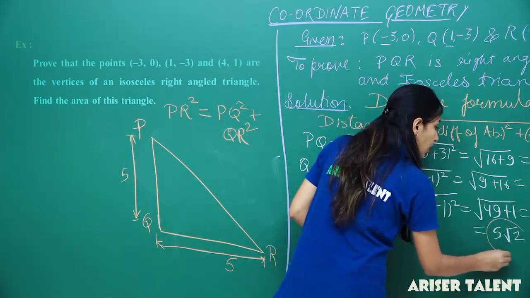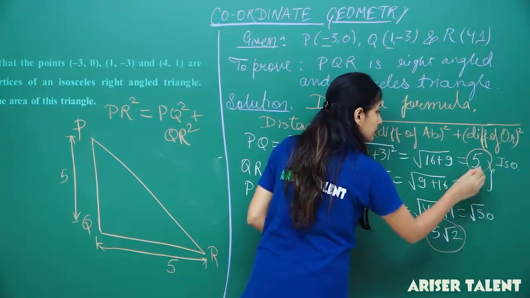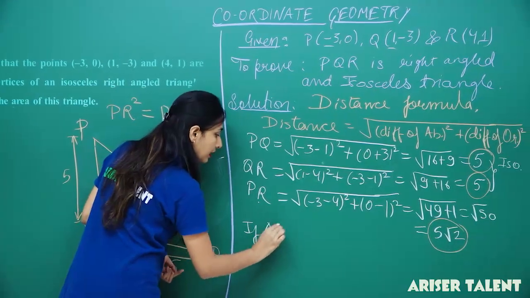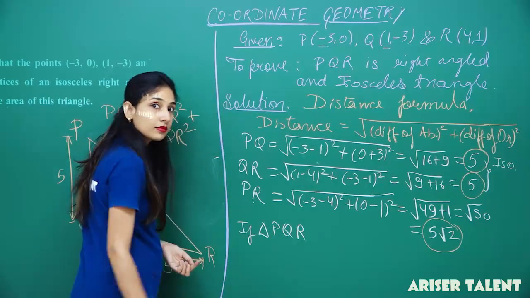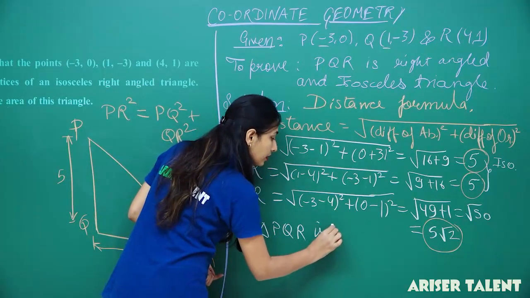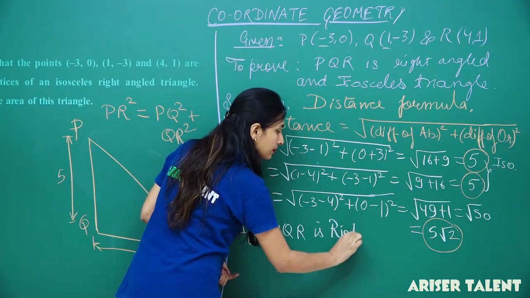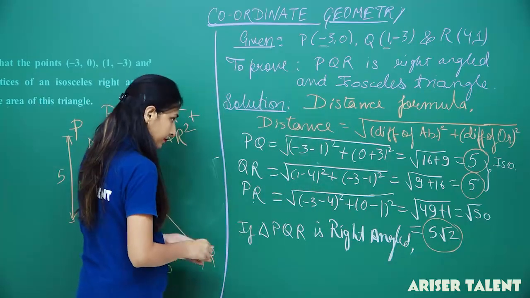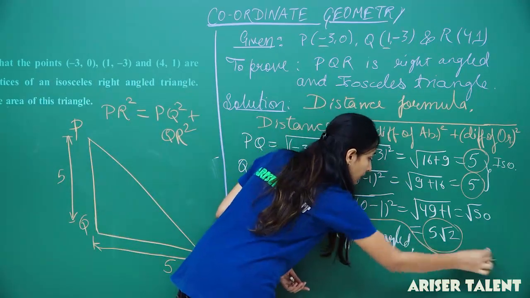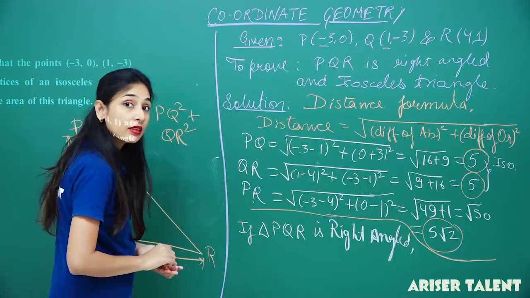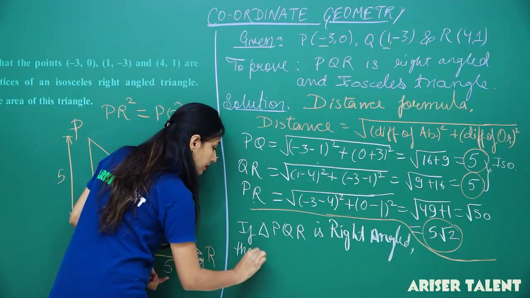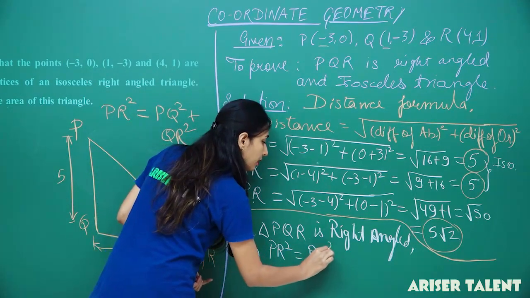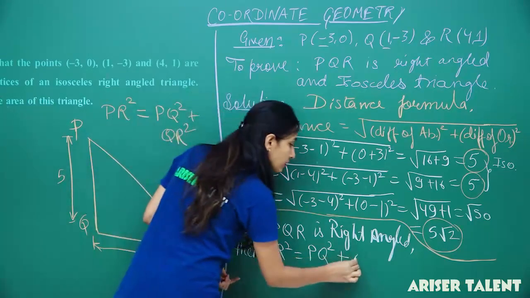Now we have these three values. If triangle PQR is right angle, then PR square will be equal to PQ square plus QR square.